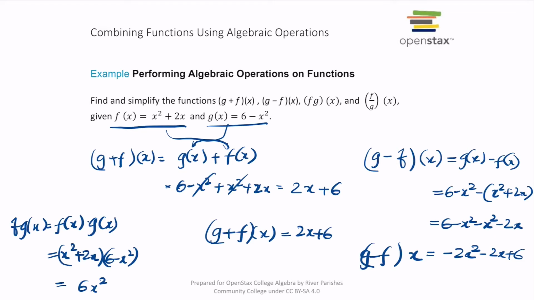First terms give 6x square, outer terms give minus x power 4, inner terms are 2x and 6, giving 12x, and last terms give minus 2x cube. So when you simplify, you should get minus x power 4 minus 2x cube plus 6x square plus 12x. So this is the value for (fg)(x).